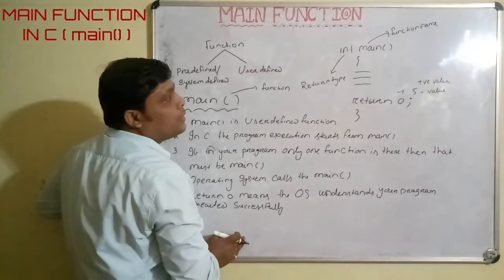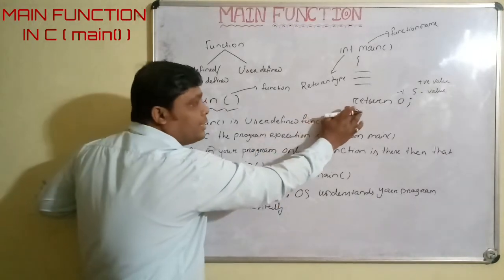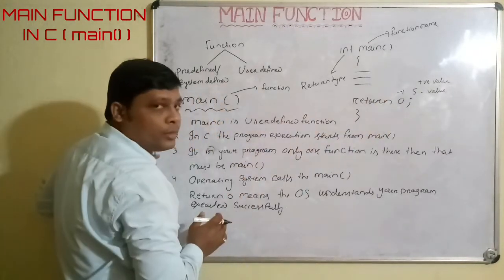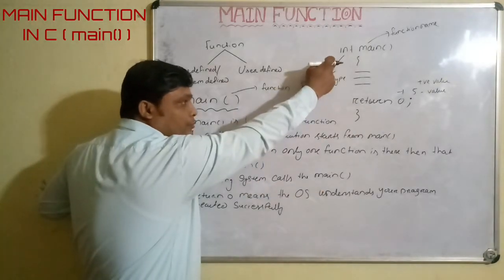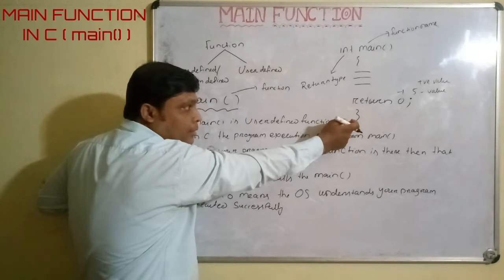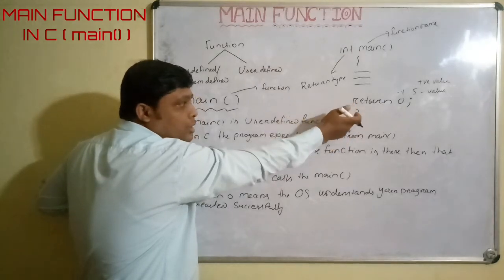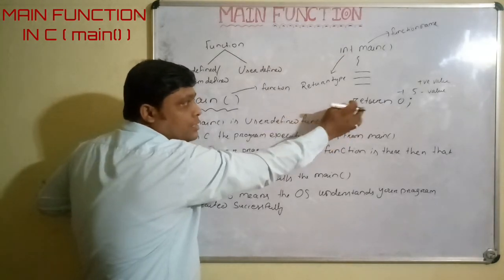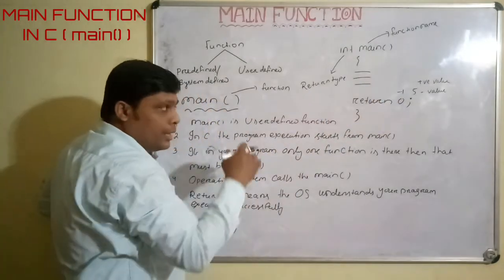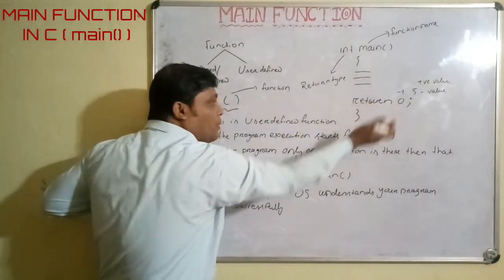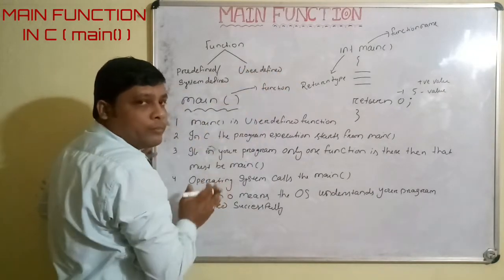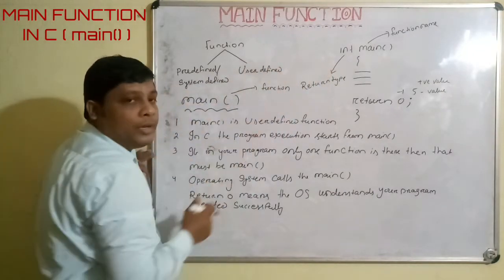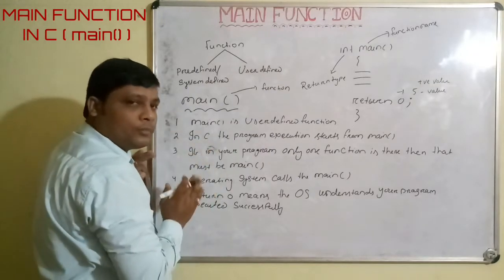That means if you are writing return 0, as the operating system calls the main function, after the end of main, this is the end of main. Before this it is returning 0. That means this 0 will be returned to which place? To the operating system, because the operating system is calling your main function. Clear?